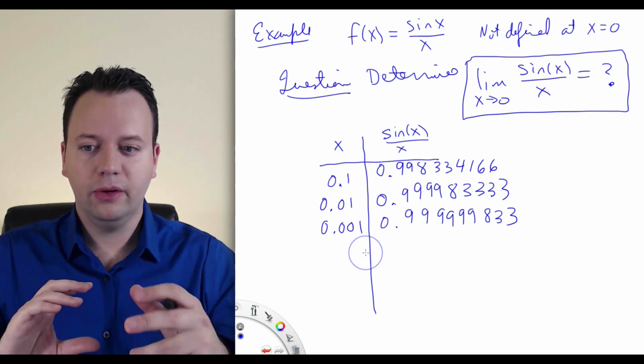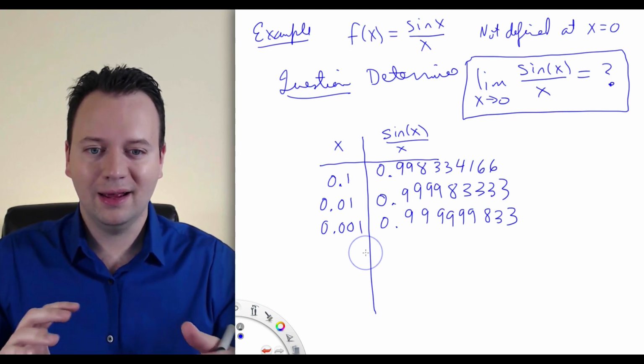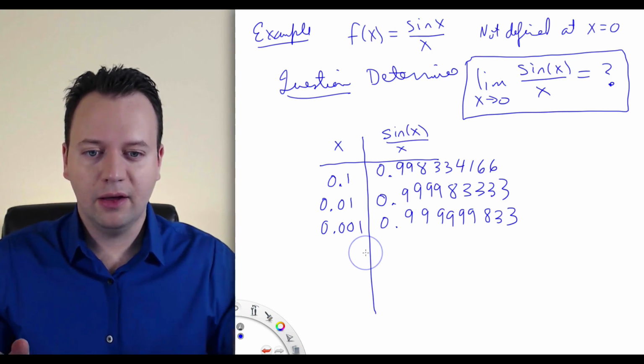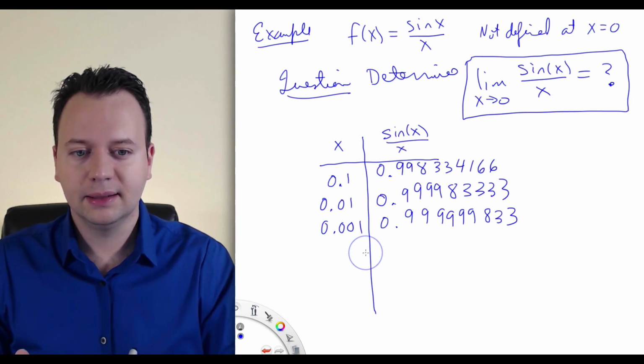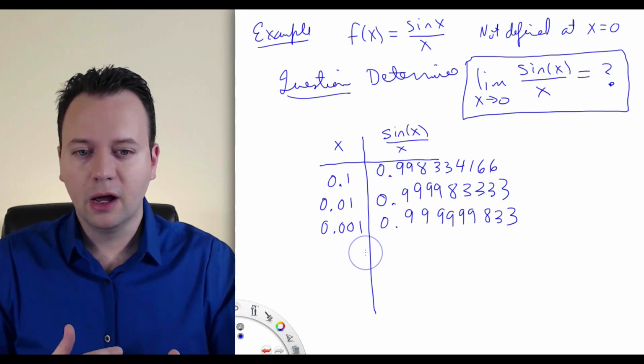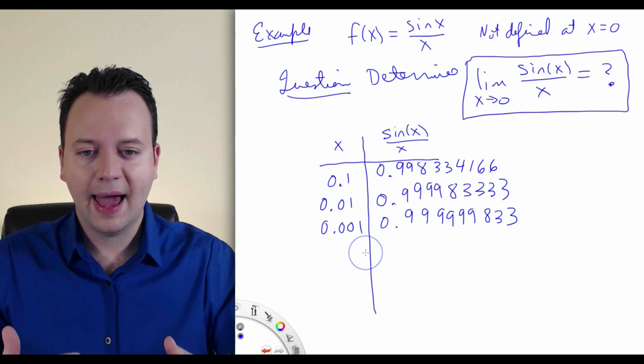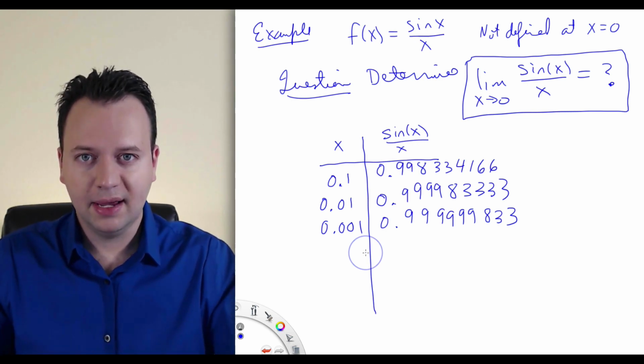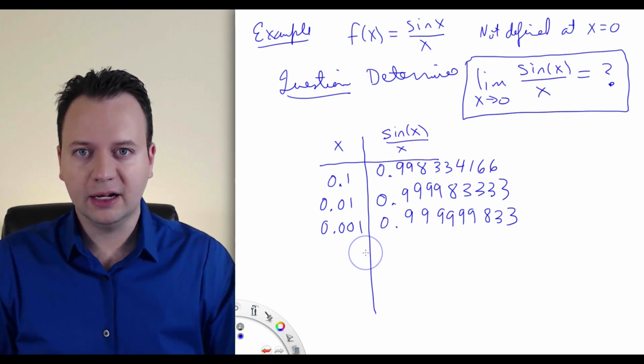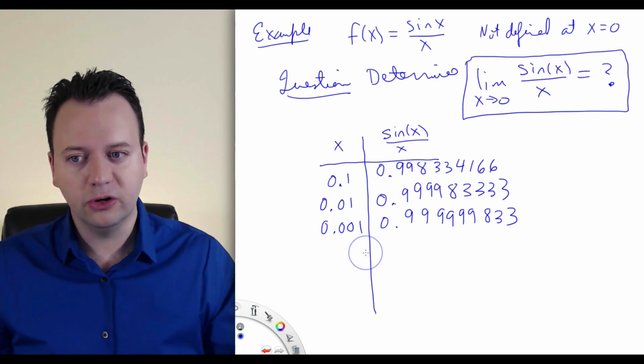And so information can get cut off if you have a very small value of x, and then you can end up with the wrong answer. So it's really good to get into the habit of looking at what's happening as you choose smaller and smaller x values and not trying to shortcut to just one super small x value.